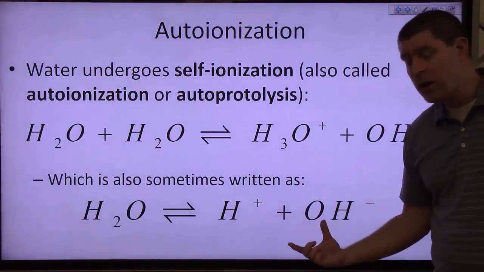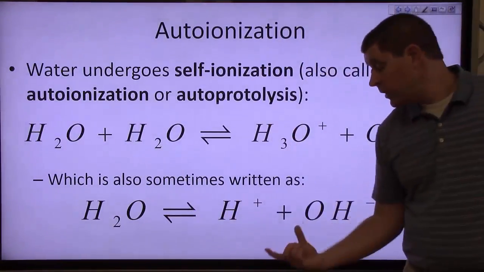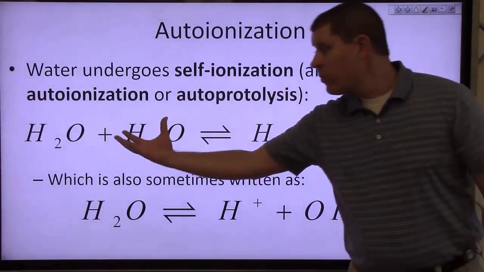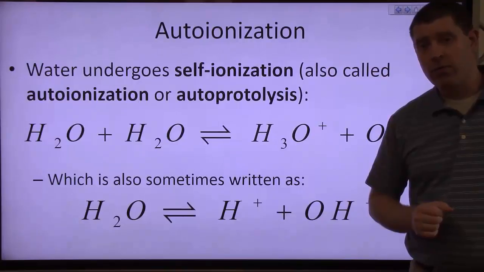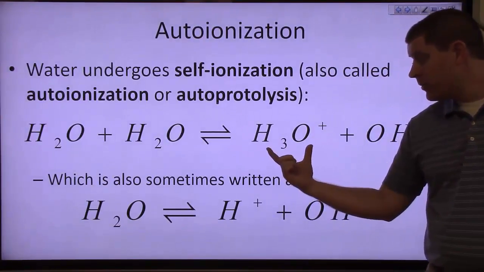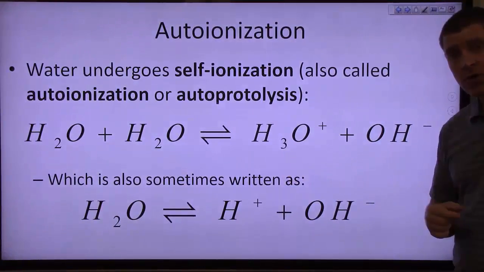Now, what we mean there isn't really that a single water molecule is spontaneously dissociating into hydrogen ions and hydroxide ions. What we really mean is a second water molecule has come along and stolen one of the protons off of our first water molecule. So our second water molecule becomes a hydronium ion, and our first water molecule becomes a hydroxide ion.